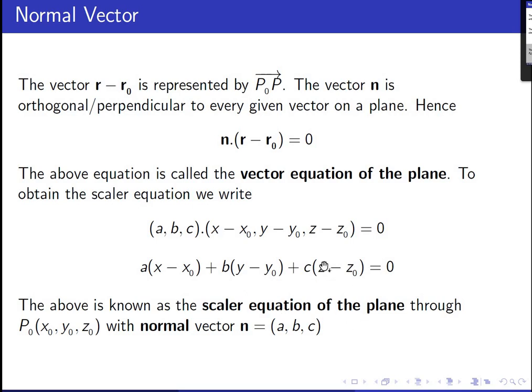That is why we say the vector equation of a plane can be given by a scalar equation. This is the scalar equation of the plane through the point P naught with the normal vector n, where n is (a, b, c).